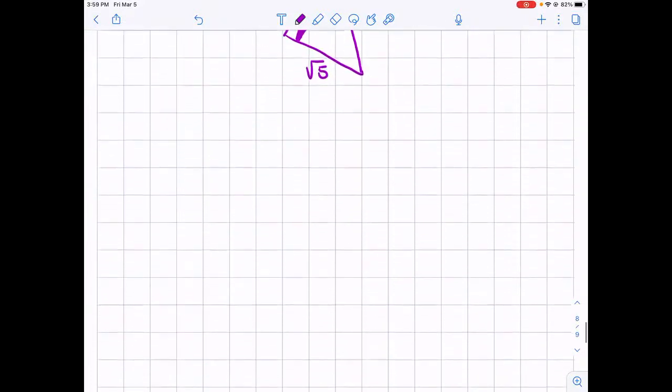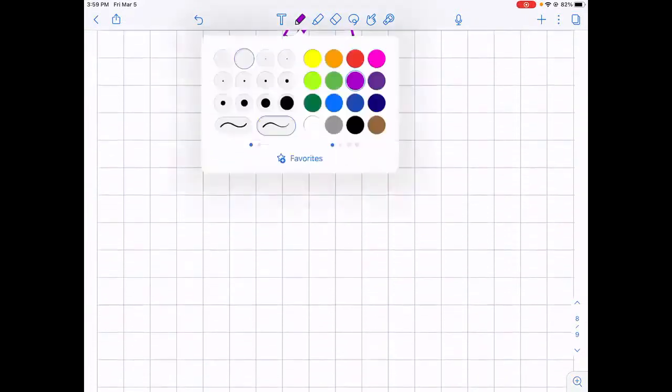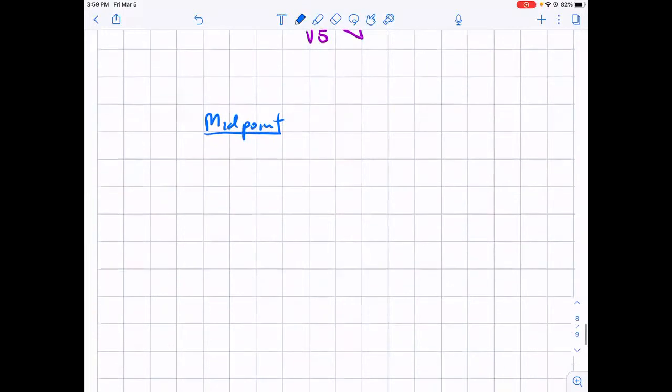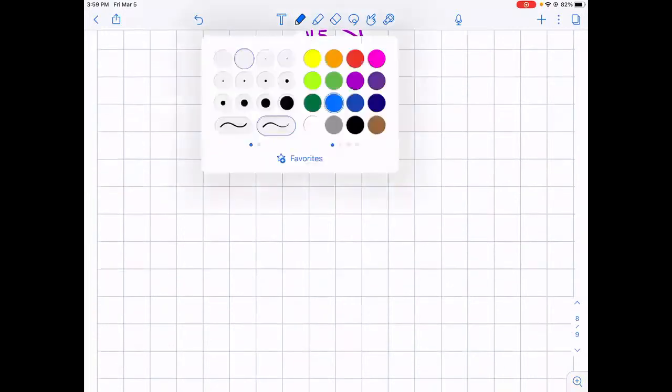Likewise, we have the midpoint formula. So the midpoint is a point along some line segment.